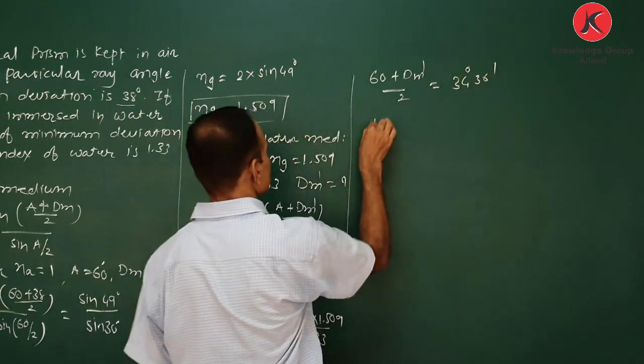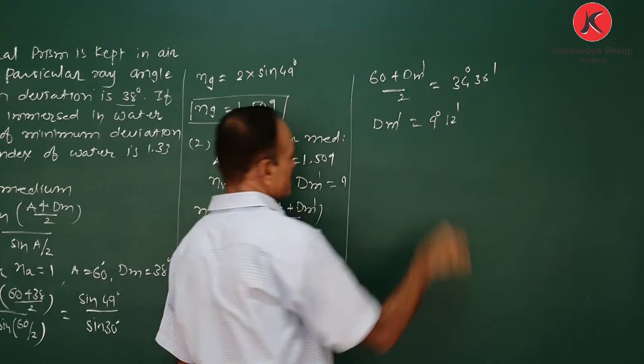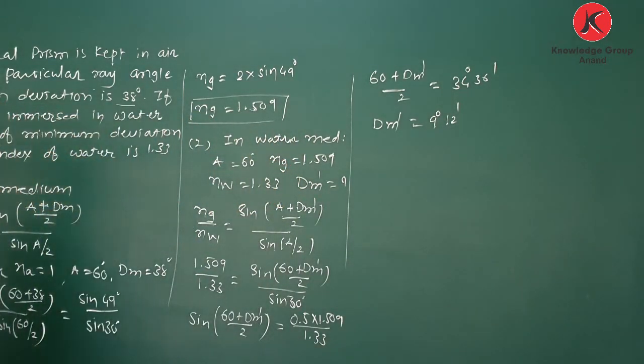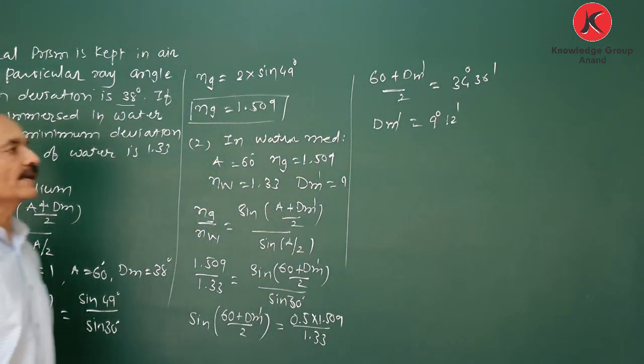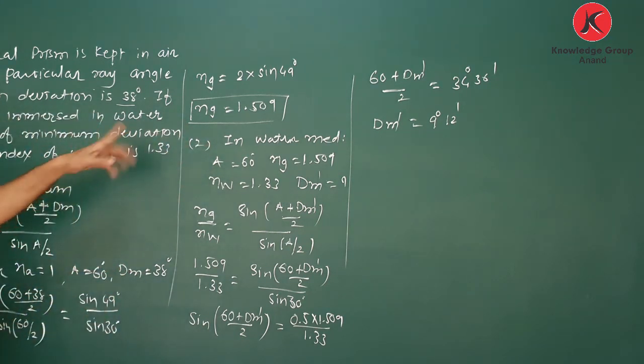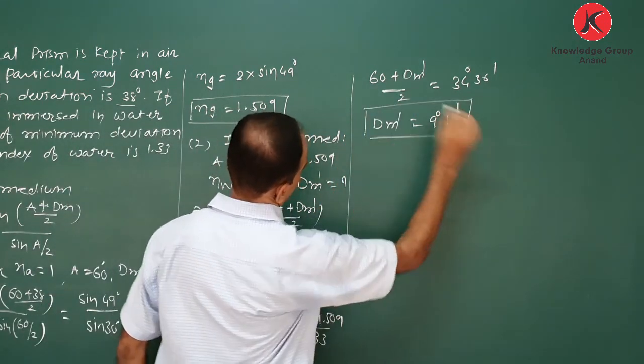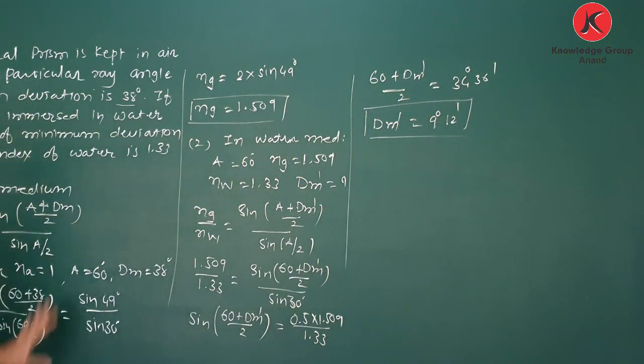Now simplifying this, we obtain dm dash is equal to 9 degree 12 minute. Find out yourself by substituting the particular values. So this way we can find out the minimum deviation and also the refractive index of the material of a glass. Whereas the next numerical we calculate is quite different in numerical value.